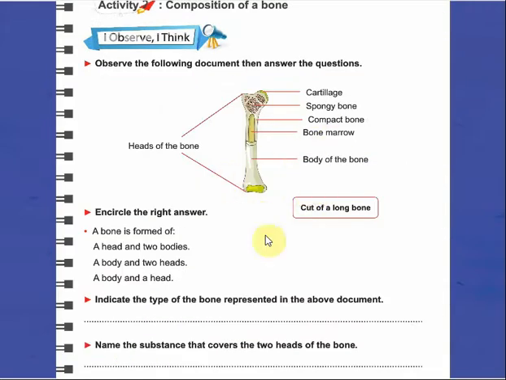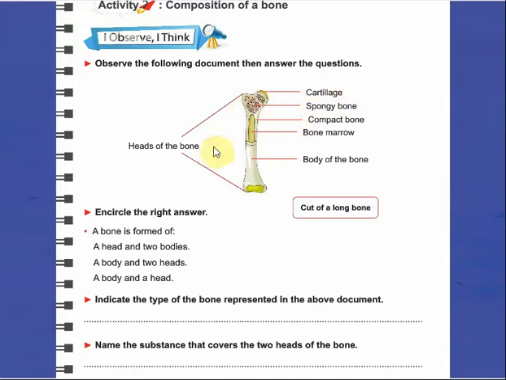Now let's observe this document to see the composition of a bone. This is a bone. This bone has a body. This is the body of the bone, and it has two heads. At the head of the bone we have the cartilage, يلي هو الغضروف.